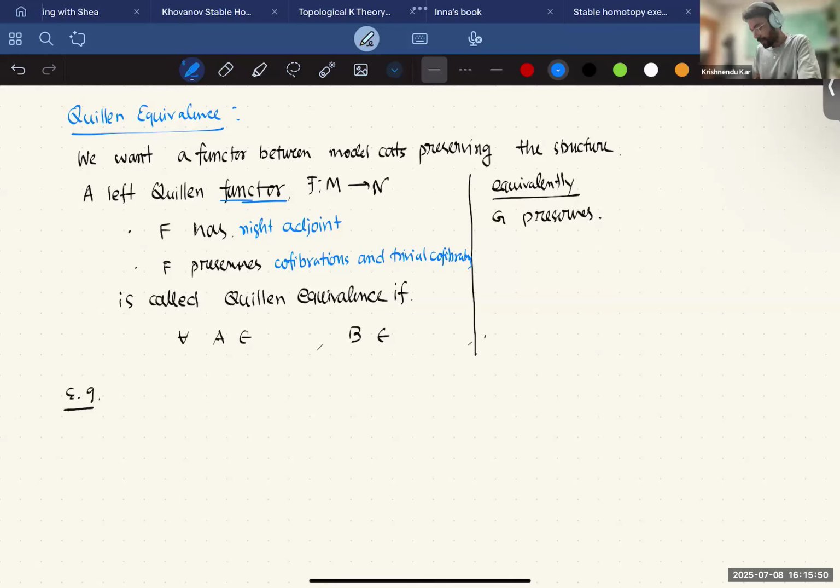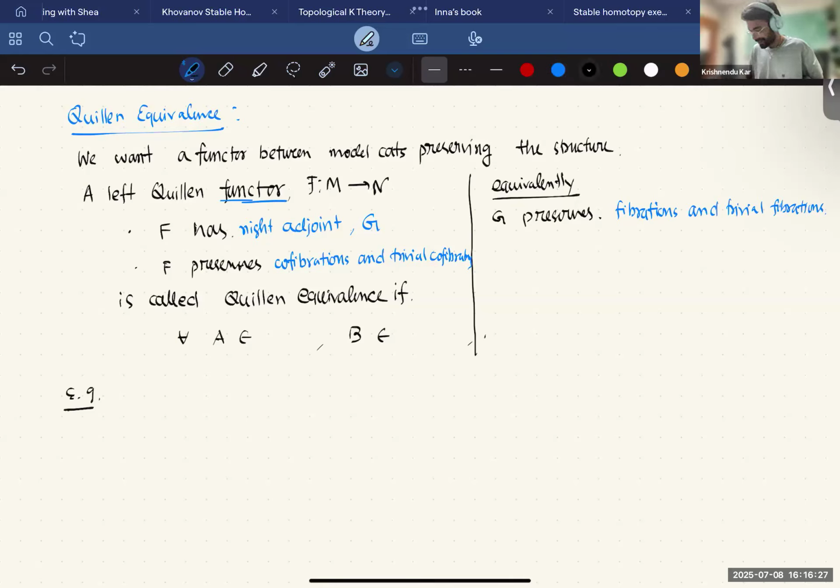Equivalently, F has a right adjoint, call it G, and G preserves your fibrations and trivial fibrations.